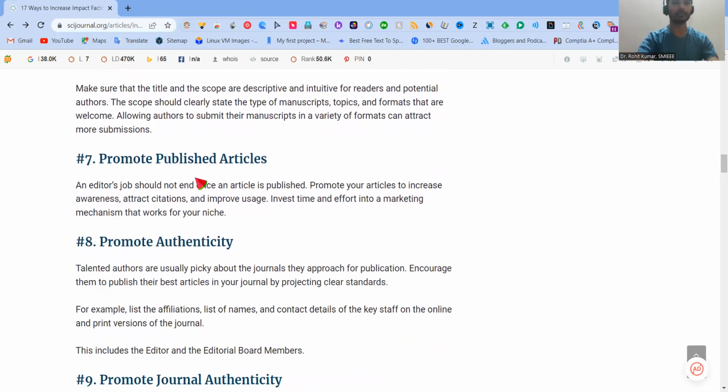Now coming to the third one, that is promote published articles. Many times you must have seen that most related articles are shown. When you read a particular article, the related articles are also seen side by side. Why is it done so? It is done so that if you are interested in this particular article, you might be interested in this particular article too. So search engine optimization, the sort of things work, machine learning algorithms work behind the scenes to give you the right sort of matched techniques.